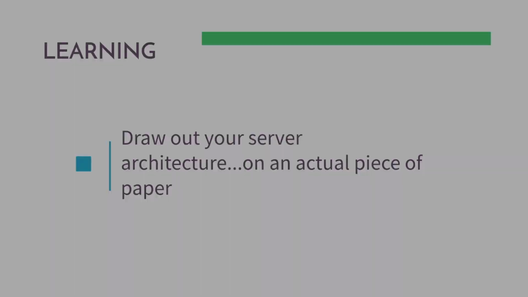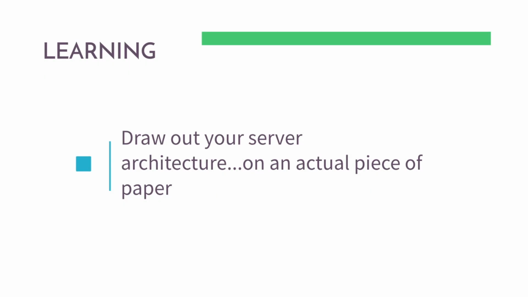Another piece of learning that's important is to draw out your actual server architecture. And when I say draw it out, I mean actually take out a piece of paper and draw it out. It can even help to look at AWS architecture diagrams on the internet and try to decipher what they mean. AWS has 1.5 million services, and as a data scientist entering that world, a lot of it can be super daunting to understand.